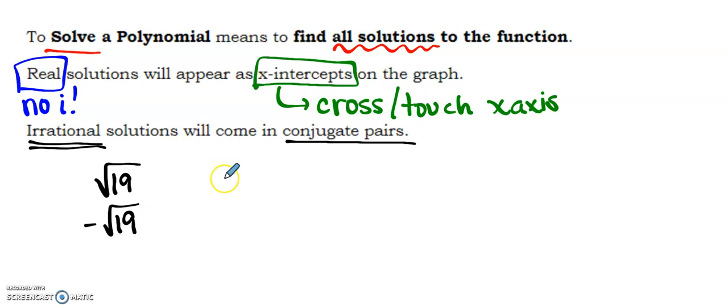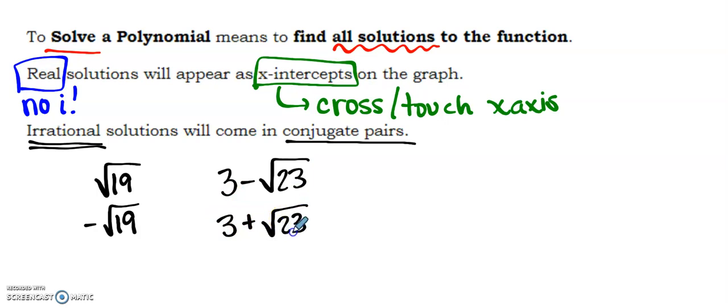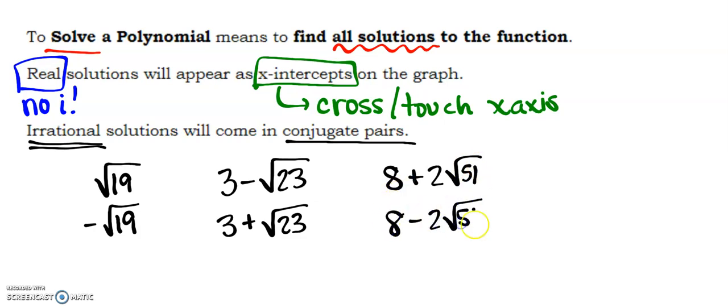If you had a root of 3 minus the square root of, we'll say, 23, then 3 plus the square root of 23 must have also been a root. If you have, we'll go with 8 plus 2 square root of 51, then 8 minus 2 square root of 51 must have also been a root.